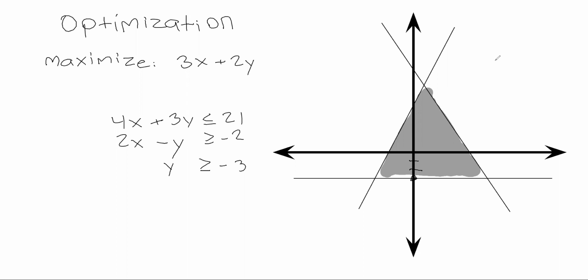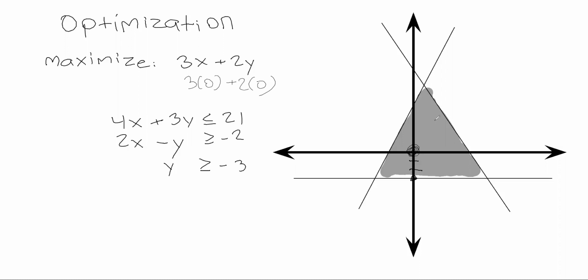So now it becomes a question of which of these would produce the highest value of 3x plus 2y. And just to show you exactly what I'm talking about, if we picked the origin, x is 0 and y is 0, we get 3 times 0 plus 2 times 0, and that gets us a grand total of 0. So probably not the best point to pick.